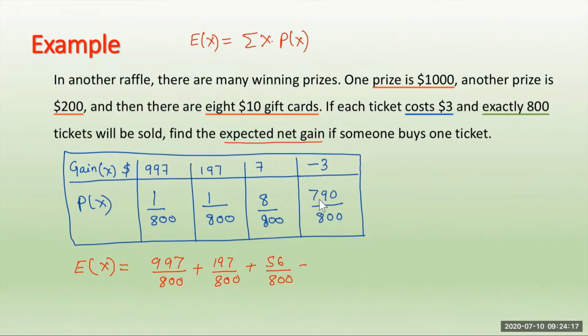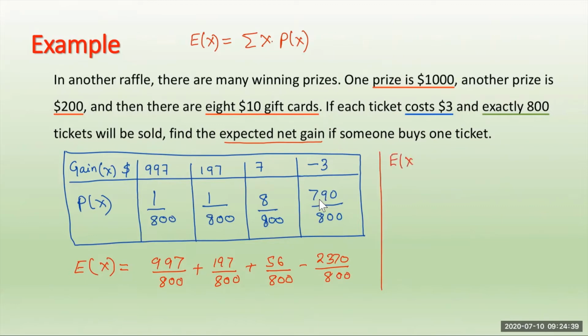Now here it is 3 times 790. You can multiply that in a calculator. Your result must be 2370, divided by 800. After we have that, everything is set up. Now let's calculate this.